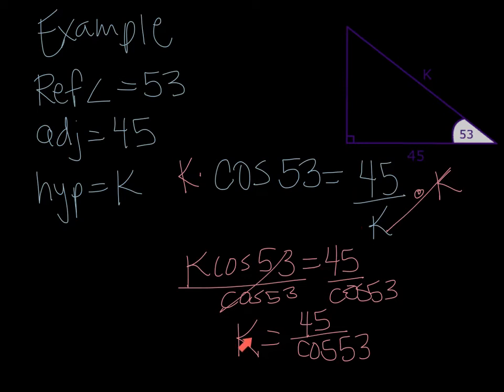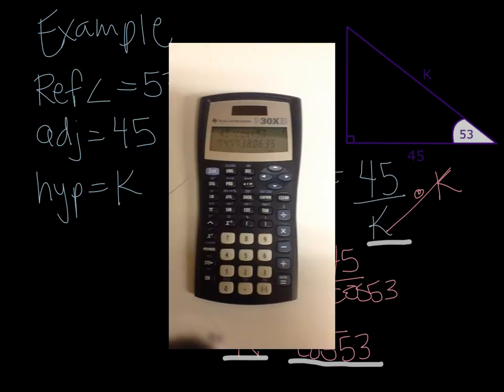We ended with k equals 45 over cosine of 53. If you notice, what happened here is they switched places. So, cosine of 53 and k switched places.